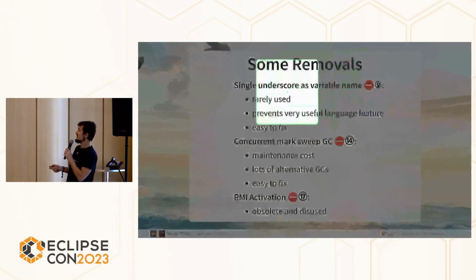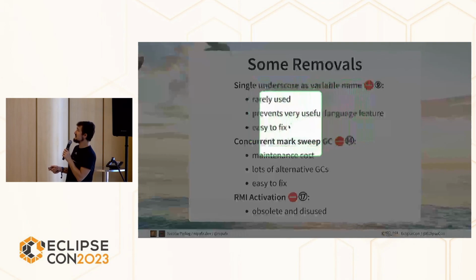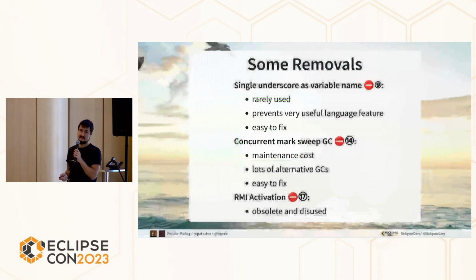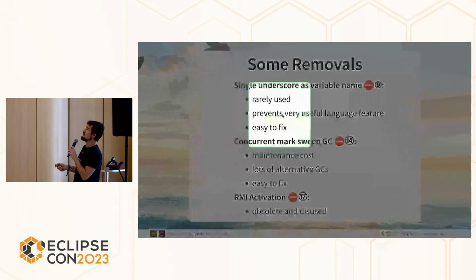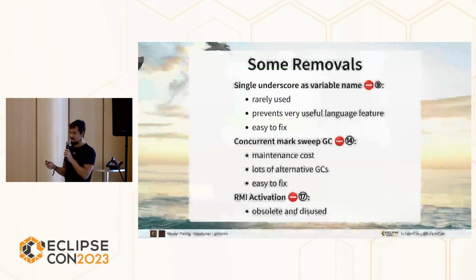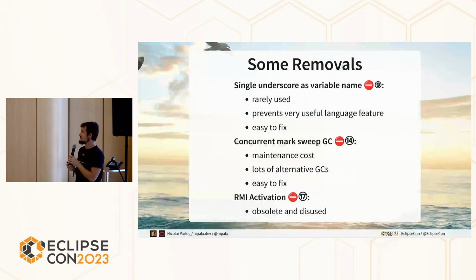So that was rarely used at all. It prevented a very useful language feature and was quite easy to fix. All you need to do to fix this is basically a search and replace. I mean, probably there are easier, better ways to do this, but that essentially would have been enough. Although you would have to write a smart regex so you don't replace all the underscores in your code base. But I'm sure most of us got past 8, so most of us figured it out somehow. I think the rarely used part is very important here. Really, very few people use the single underscore as a variable name.